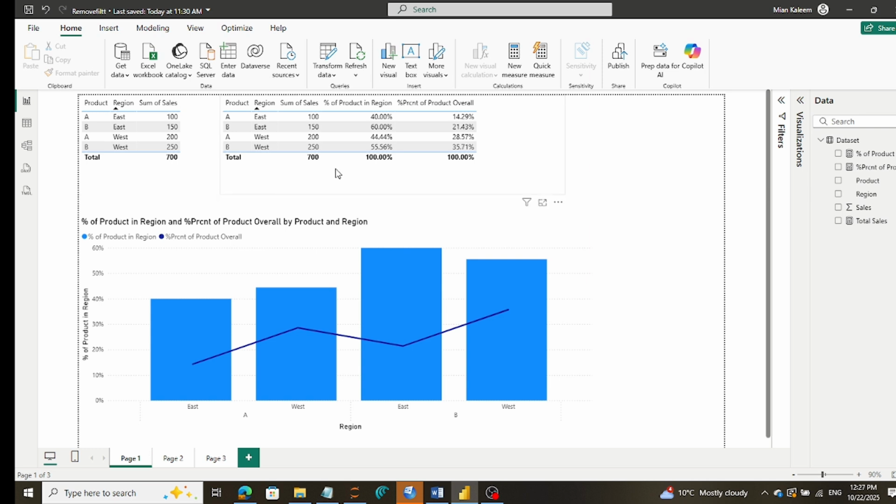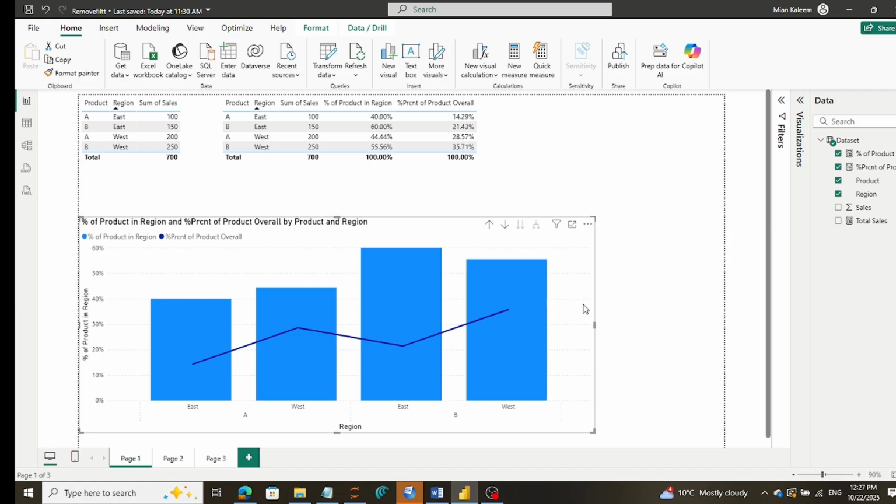So that is our table and graph. This is a scenario I came across when management needed information at the region level as well as overall, and they also wanted to see it in a graph.